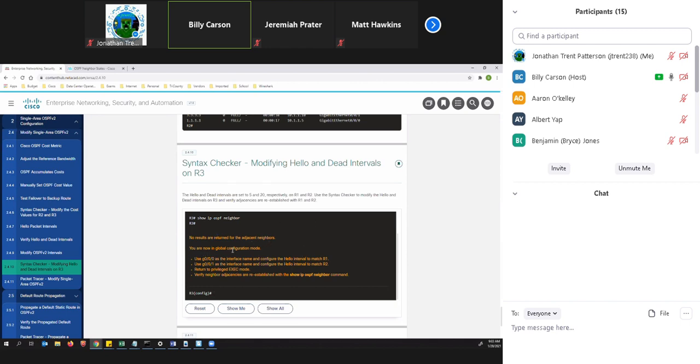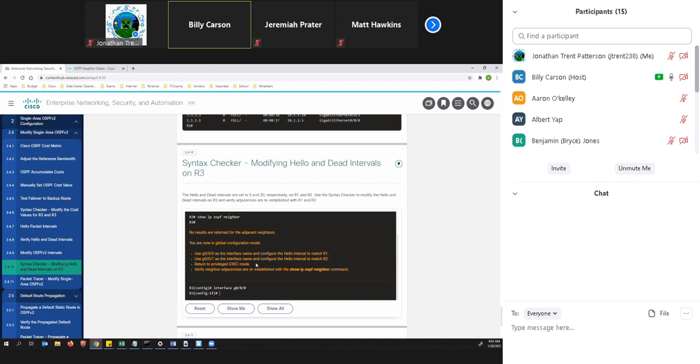You are now in the global configuration mode. Use interface G0/0/0, and in configuration, set the hello command to match R1. So first thing we've got to do is get interface G0/0/0. We're on that interface. Now that we're on that interface, what are we doing?